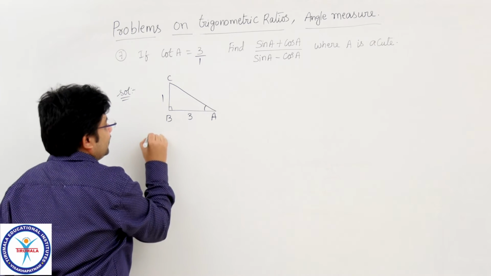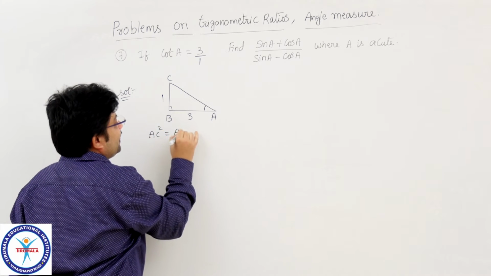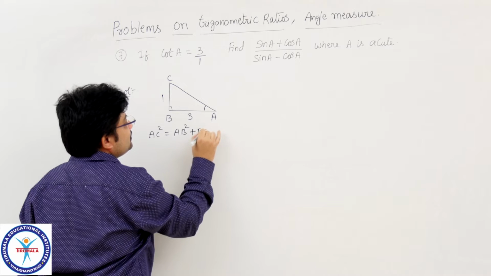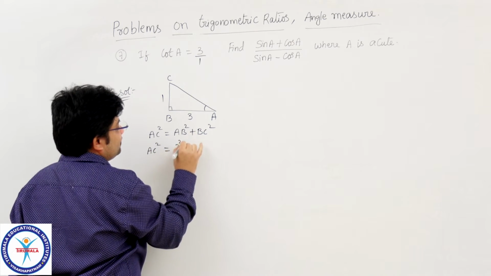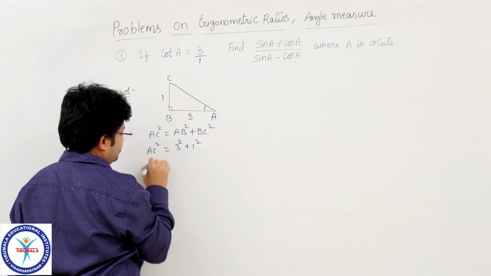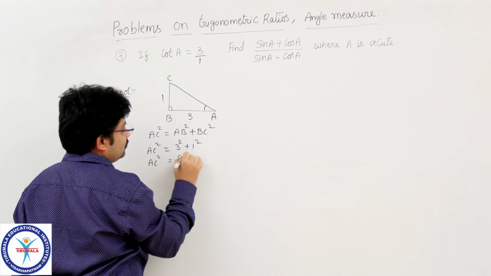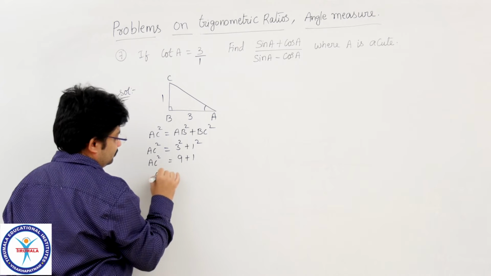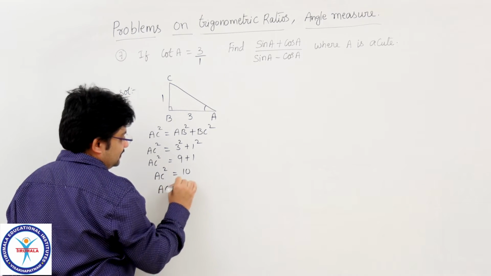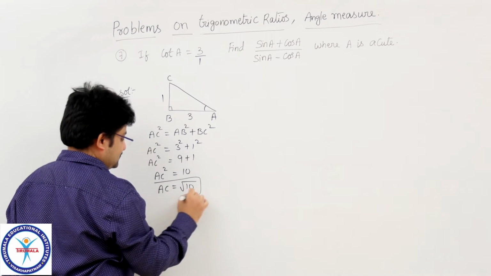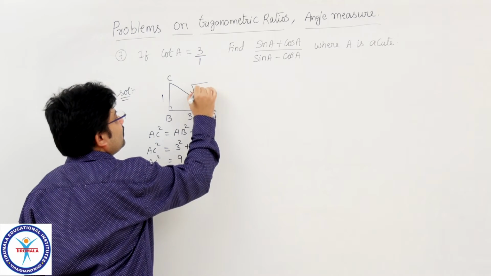Then AC square is equal to AB square plus BC square, which is 3 square plus 1 square, that is 9 plus 1, so AC square is equal to 10. Then AC is equal to root 10 units.